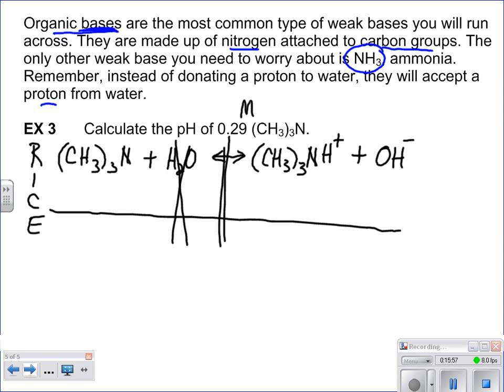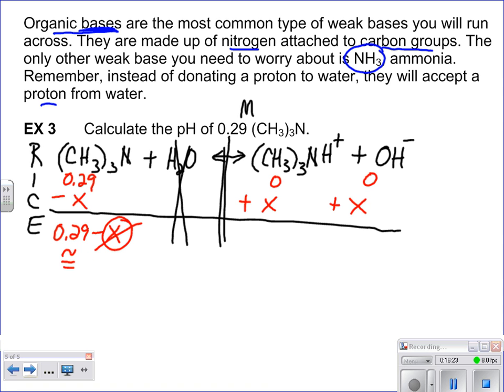So we go through and we read about how we start with 0.29 molar base, and we have none of this. So that must mean we add, and we're just adding x. So we must subtract x from this side. But we know that this is negligible. It's a really tiny number, so it doesn't matter.